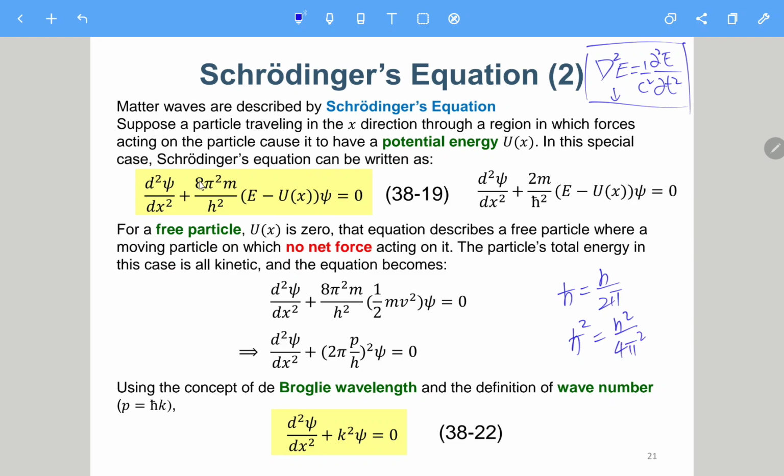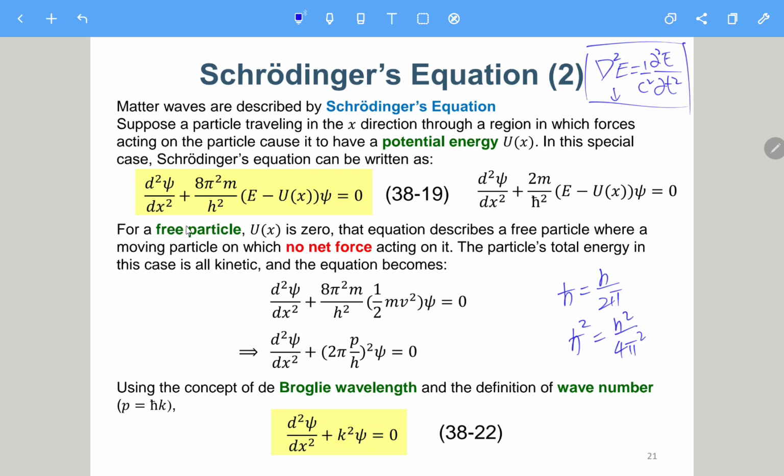So here we have 8 pi squared h squared. So we have h bar squared here, and then we still have another factor of 2. 2 times 4 is 8. So we have 2m over h bar squared. So this term looks a bit more elegant than this one. We don't have the pi squared there. Okay, so sometimes we will just write it like this.